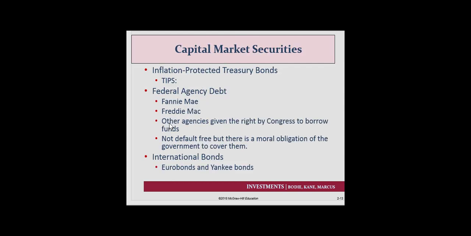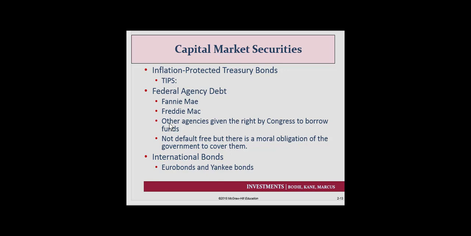Additionally, we have something called TIPS. They are inflation protected Treasury bonds. So these bonds offset any impact that inflation might have on a Treasury security. We can get bonds from federal agencies.